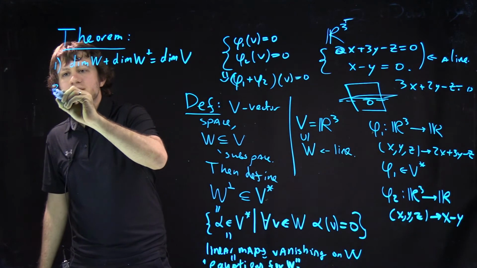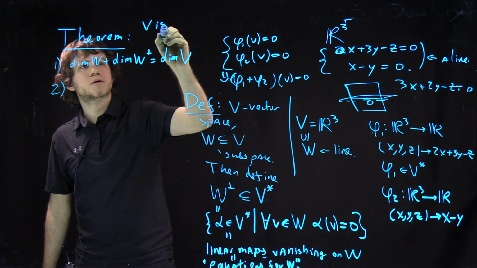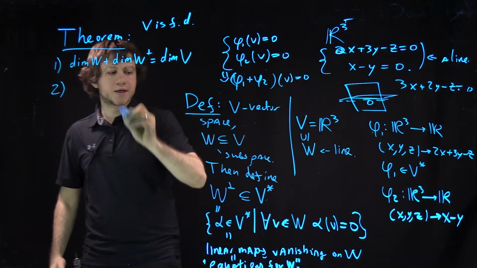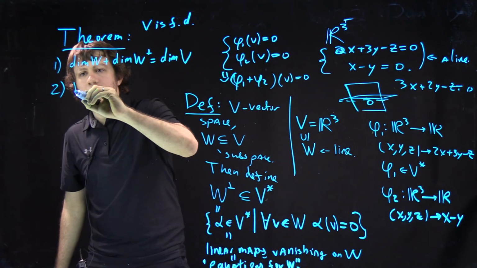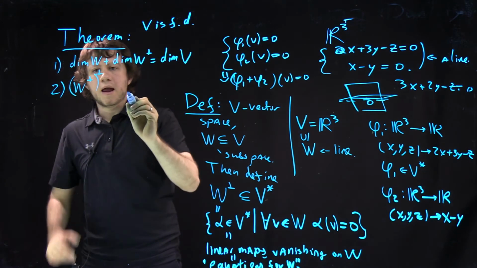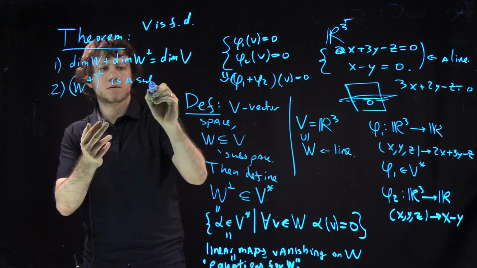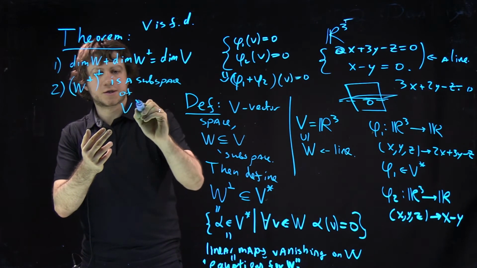And then there is another statement. We assume here V is finite dimensional. So of course we can take this W perp, and then we can take W perp perp. And of course it is a subspace of V star star.